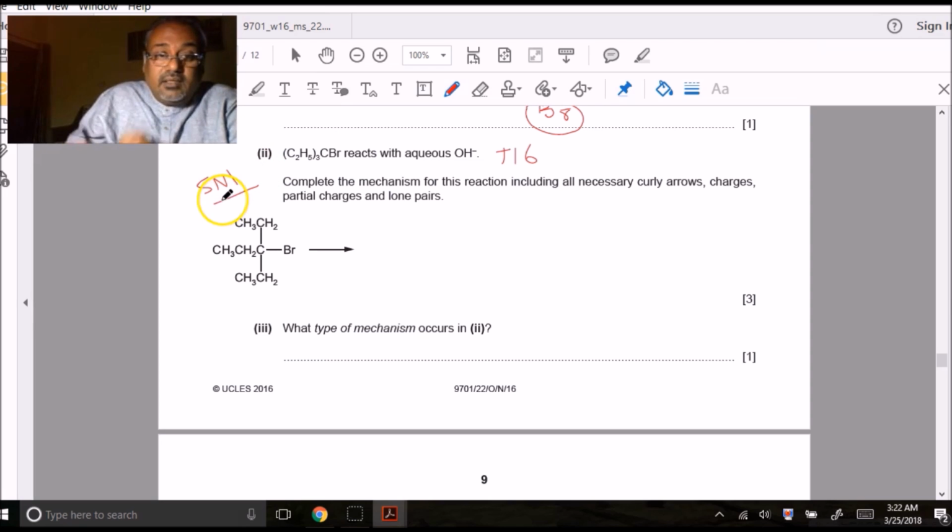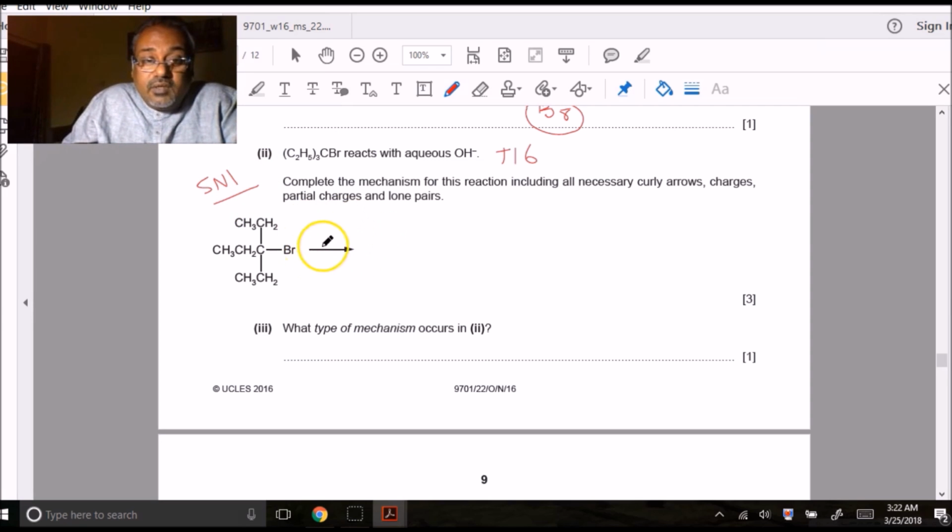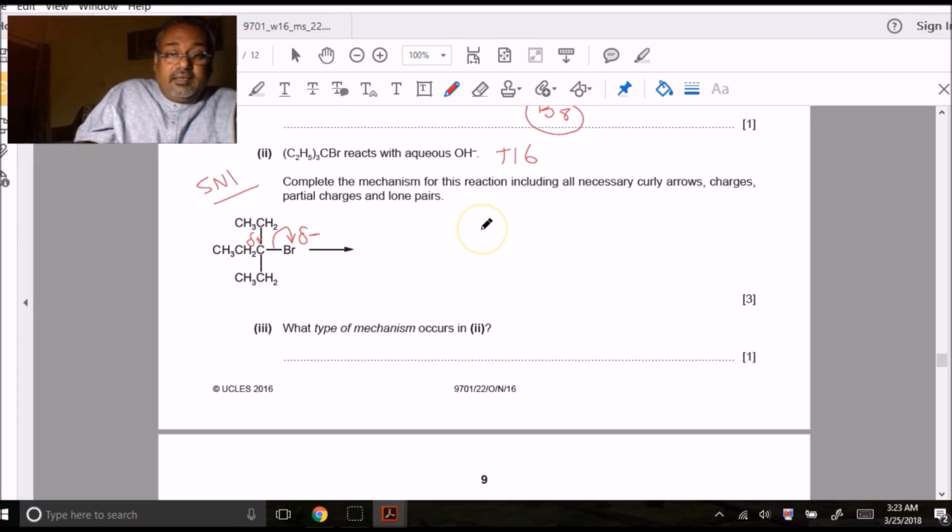This is SN1. Now in an SN1 mechanism, basically what's going to happen is Br is electronegative, so it's going to pull the electron pair towards itself. So Br becomes partial negative and the carbon becomes partial positive. And then this particular bond breaks away, and so this is what you get, the CH3CH2.